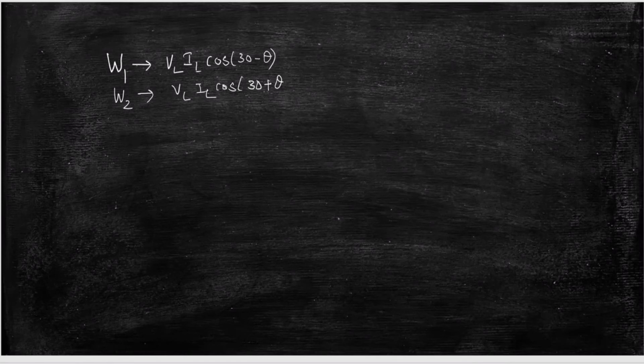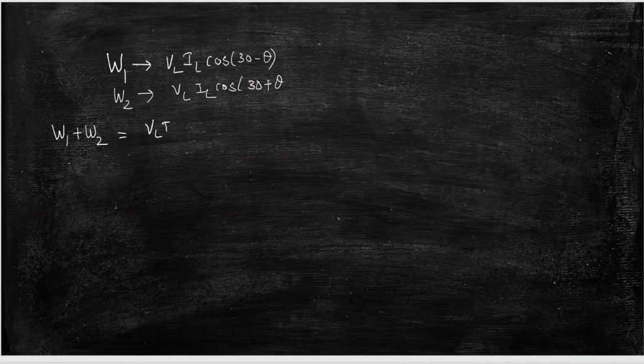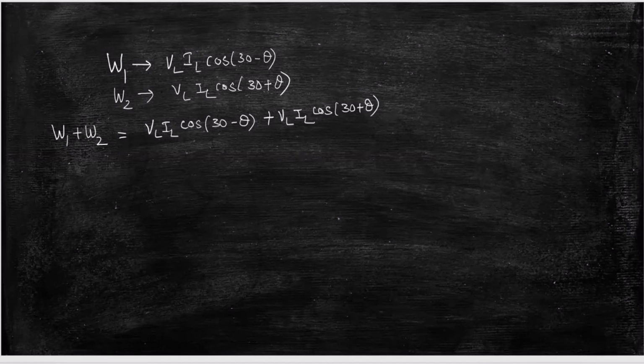Now you add W1 plus W2. If you add W1 plus W2, then we are going to get VL IL cos 30 minus theta plus VL IL cos 30 plus theta.